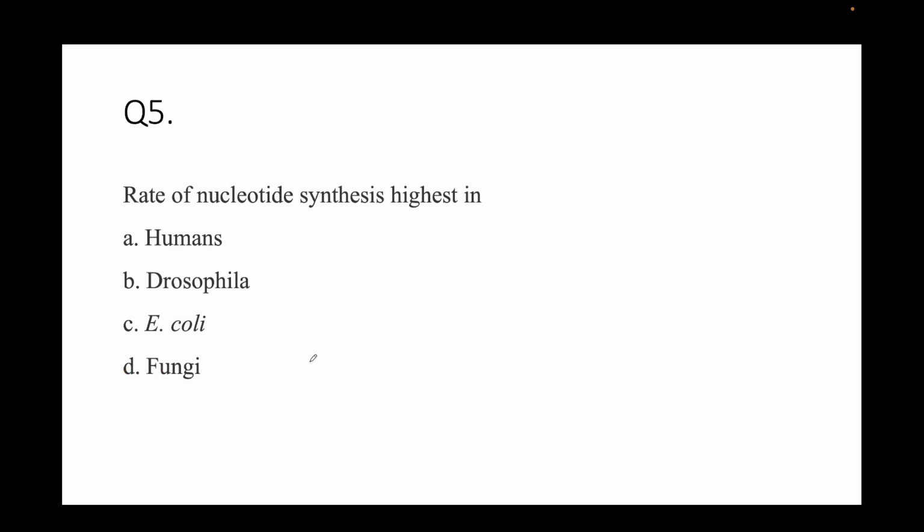So here is the next question. Rate of nucleotide synthesis is highest in humans, Drosophila, E. coli, or fungi?